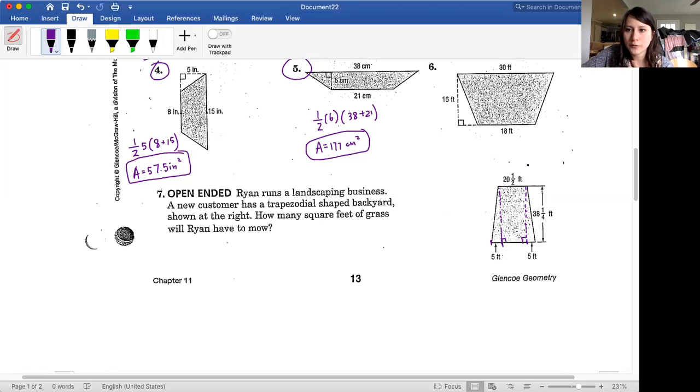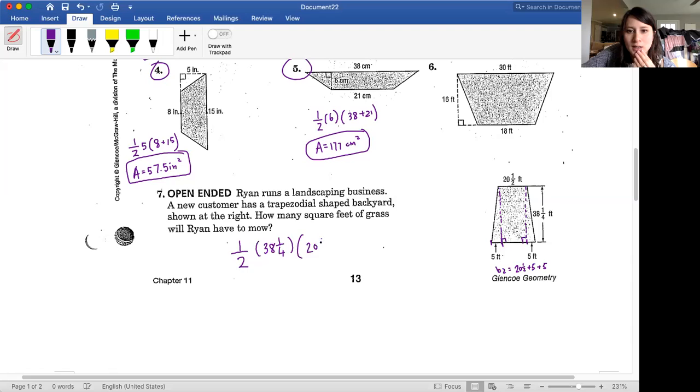So that means our first base, our base 1, is 20.5. Our second base, our base 2, is 20.5 plus 5 plus 5, so it's 30.5. And then the height is 38 and 1/4. So you can turn this into decimals if you want to, but we're going to write this as 1/2 times 38 and 1/4 times our bases added.